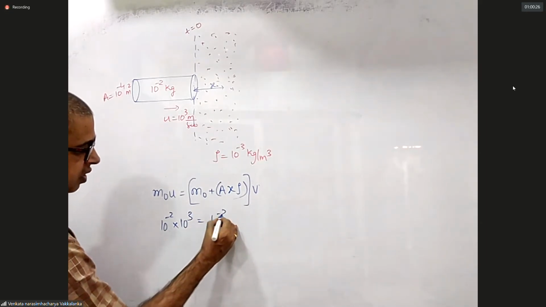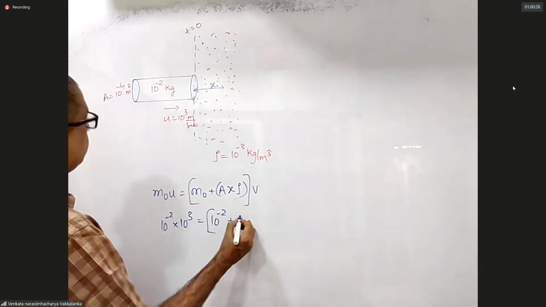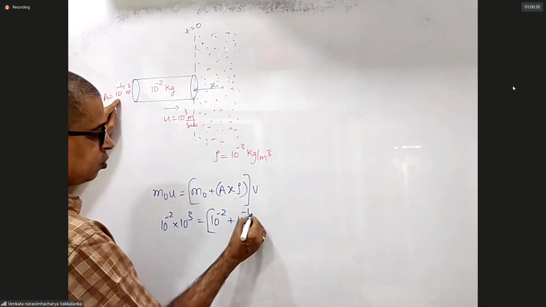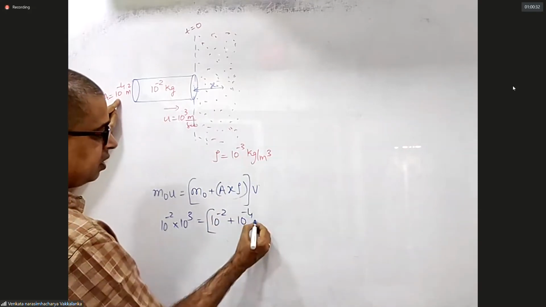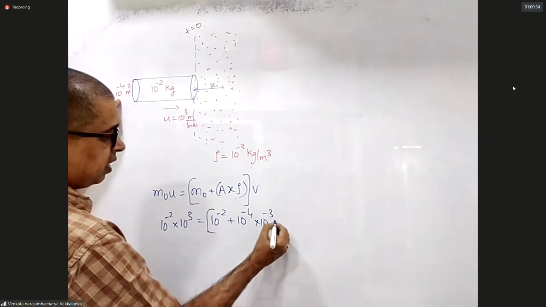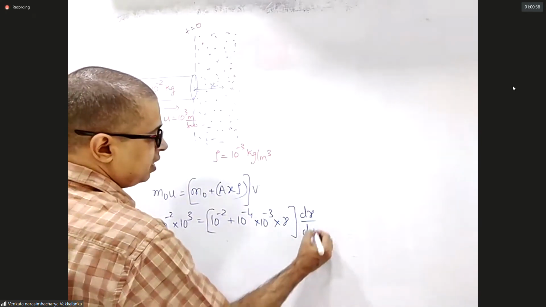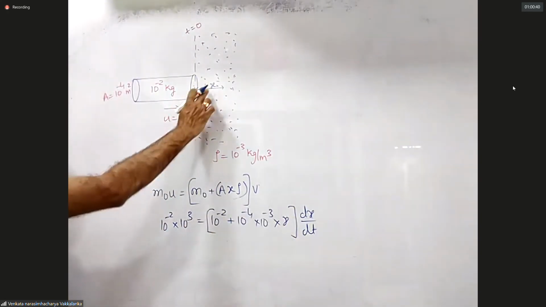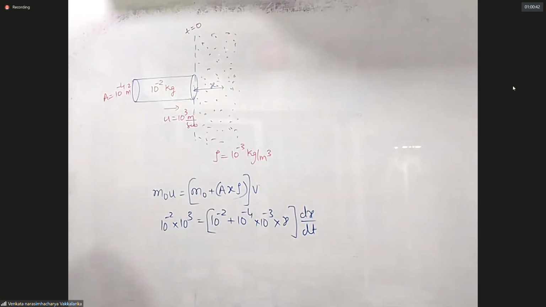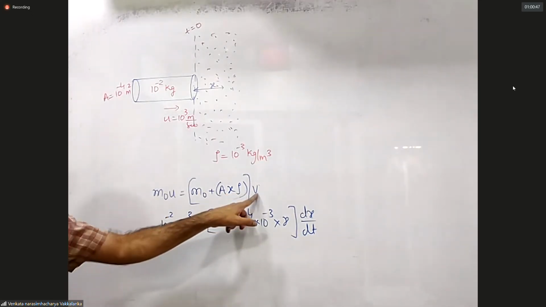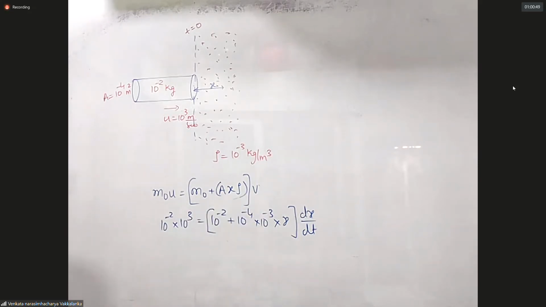M naught is 10 raised to minus 2 plus A is 10 raised to minus 4 into density 10 raised to minus 3 into x into dx by dt. V I write as dx by dt, obviously, because it's not a constant. As x is increasing, velocity is decreasing. Do you agree with that?